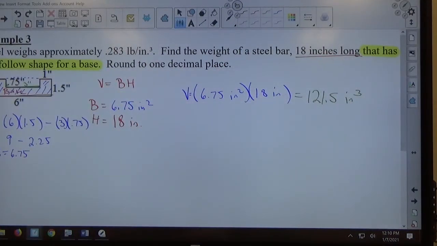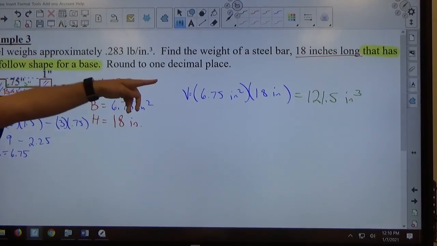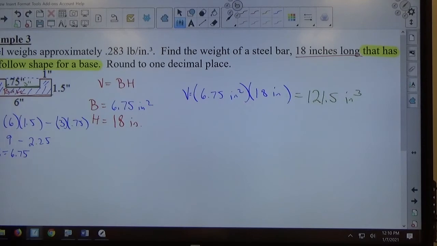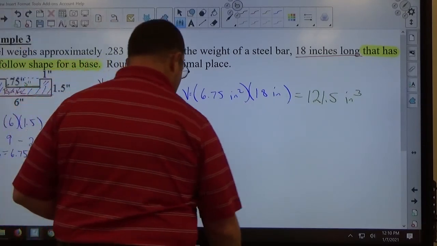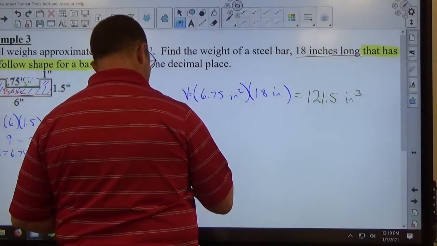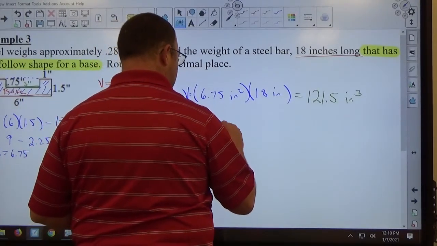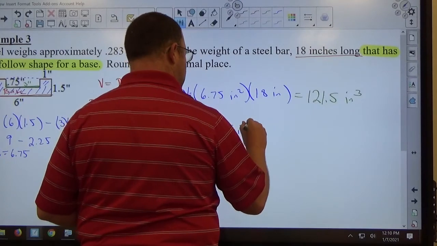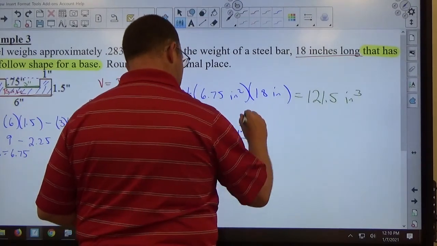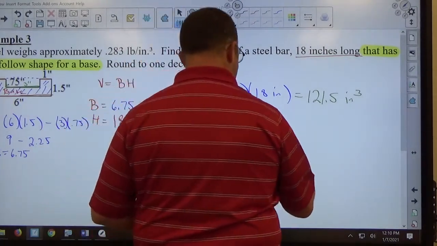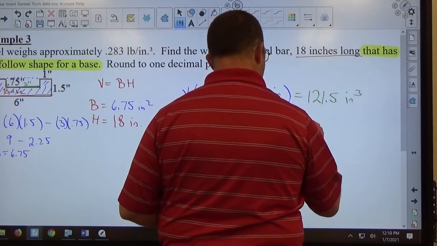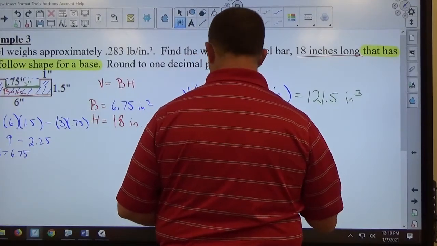Now, it tells us steel weighs approximately 0.283 pounds per cubic inch, and we know how many cubic inches we have now, so it says how much does this steel bar weigh. So to get my answer, the weight of the steel bar is the volume of the steel bar, which is 121.5 cubic inches, times the weight, 0.283 pounds per cubic inch.